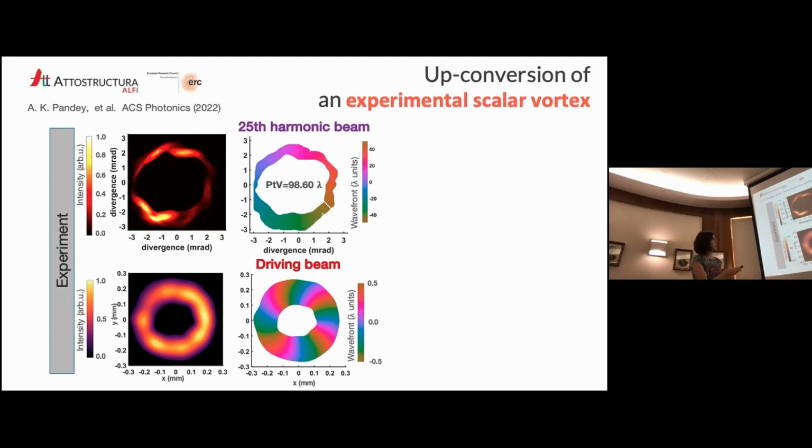And in this case, it is different from the one I have shown before. This is a charge L equal 4. So the 25th harmonic should have a charge L equal 100, which is close to what they obtained in the experiment. And by driving the process with higher topological charges, we can reach very high topological charges in the extreme ultraviolet regime.